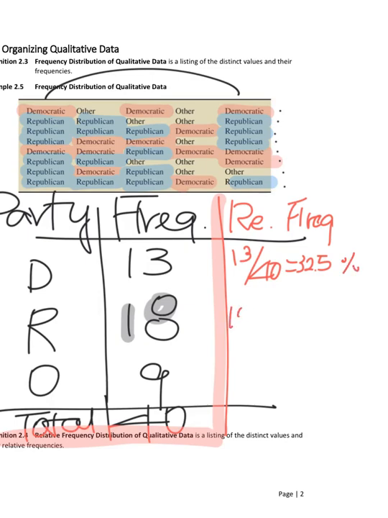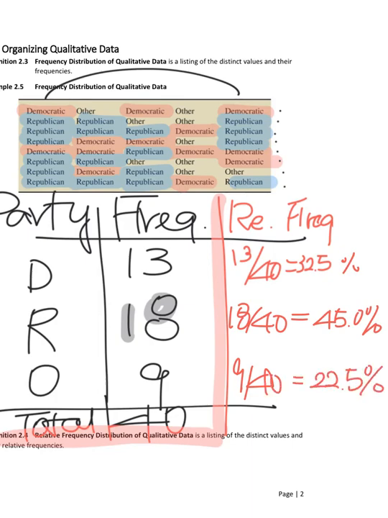How about the 18 out of 40? 45%. 45.0%. How about the 9? 22.5%. Sum up must be 100%.